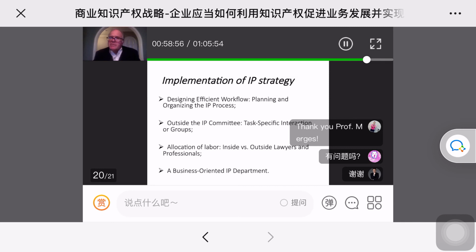Okay, so again, I tried to give you here in this hour just a sampling, a small taste of what we're talking about in this book. Again, the overall goal is to think about IP rights the way a business person does.